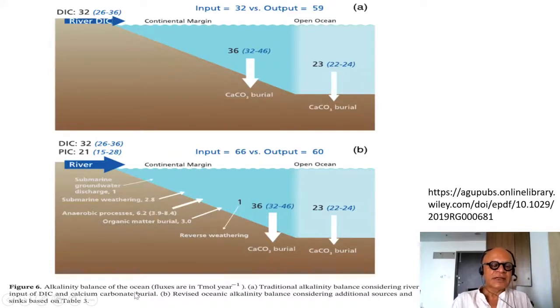This paper looks at alkalinity balance of the ocean. Fluxes are in teramoles per year. The traditional alkalinity balance considering river input of dissolved inorganic carbon and calcium carbonate burial. Remember that every time you bury a calcium carbonate out of the circulation, you're going to take away CO2, so that's going to affect alkalinity.